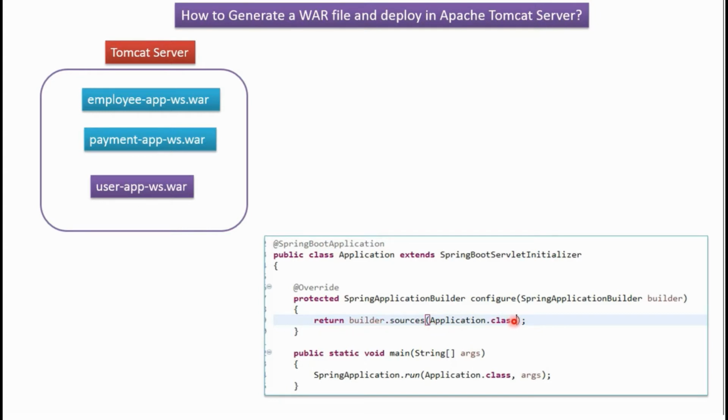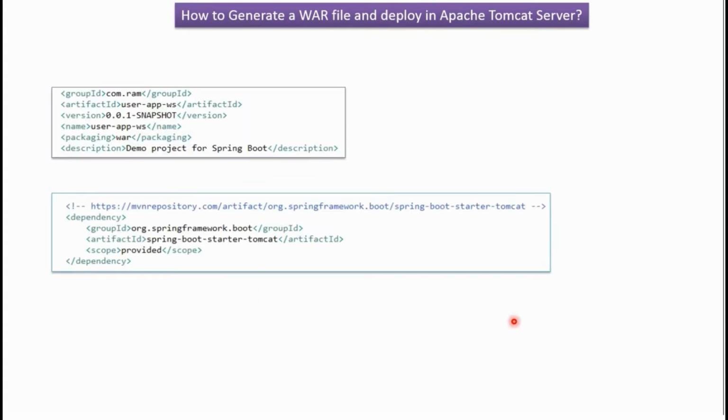The second change is in the pom.xml file, where packaging we have to specify as WAR, and the third change is we have to include the spring-boot-starter-tomcat dependency, and scope should be provided.